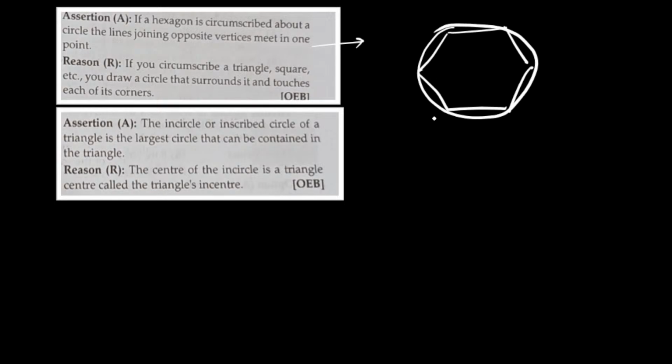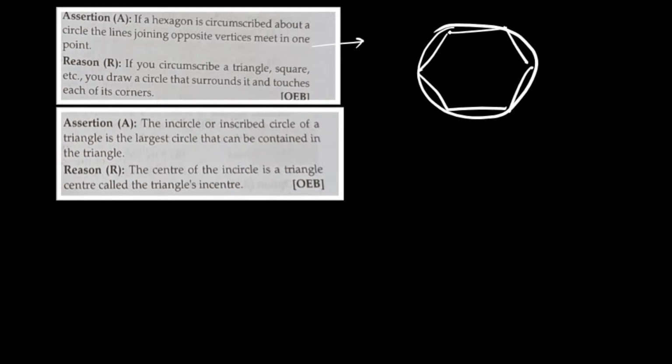So next one, if a hexagon is circumscribed about a circle, the lines joining opposite vertices meet at a point. Hexagon circumscribing we did in the first class. This is a hexagon, a six-sided polygon. If you are drawing the circle circumscribing a hexagon, it will look like this.